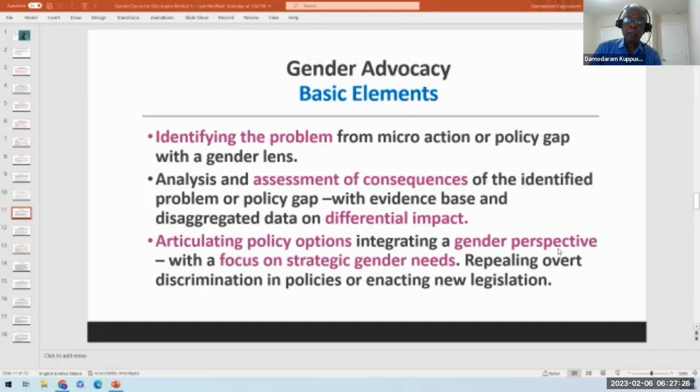While we are saying focus, it is not undermining the practical needs, but we need to look at how we also equally give focus to the strategic gender needs that you were able to identify from the analysis. So it could be whether you bring change in the existing policies or you go for new policies.